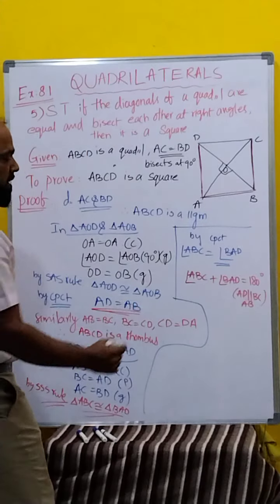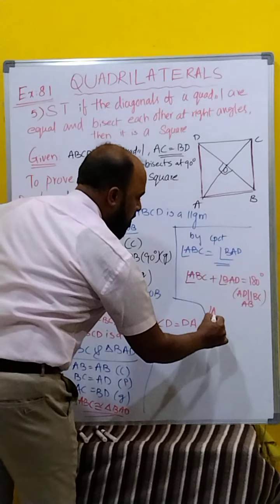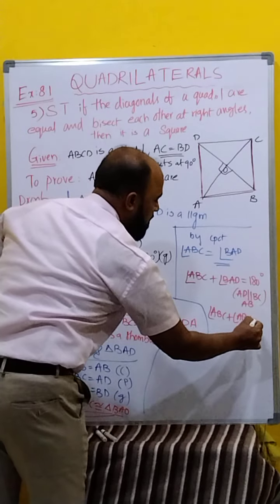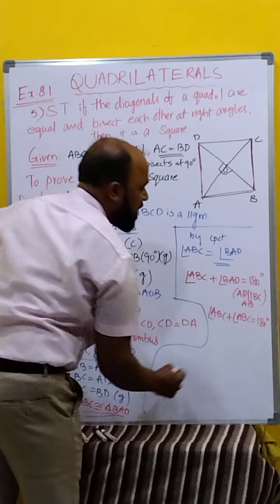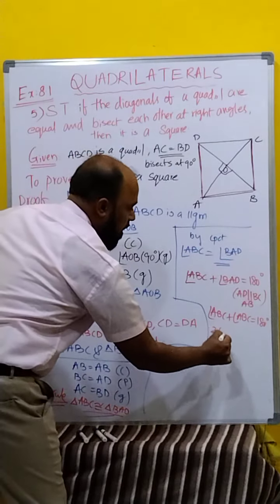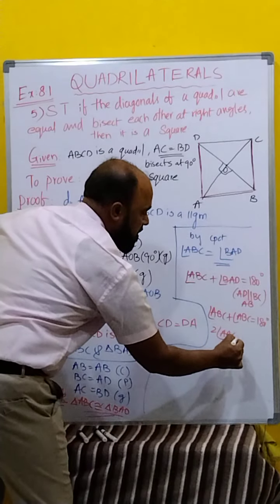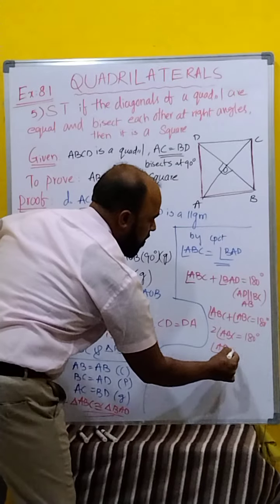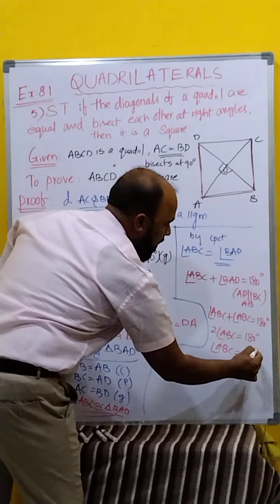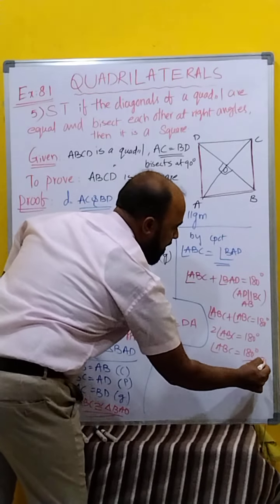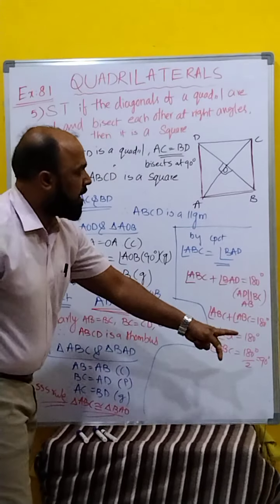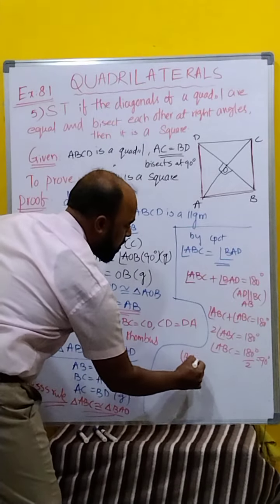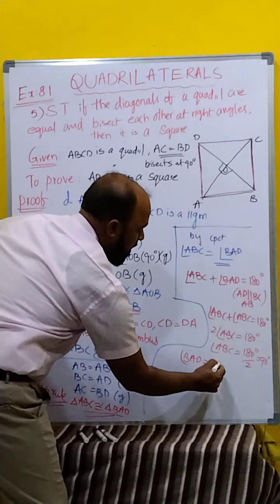Applying this, angle ABC plus angle ABC is equal to 180 degrees. Then 2 times ABC is equal to 180. Then ABC is 180 by 2, that is 90 degrees. ABC is 90, then what about BAD? Angle BAD is also 90 degrees.